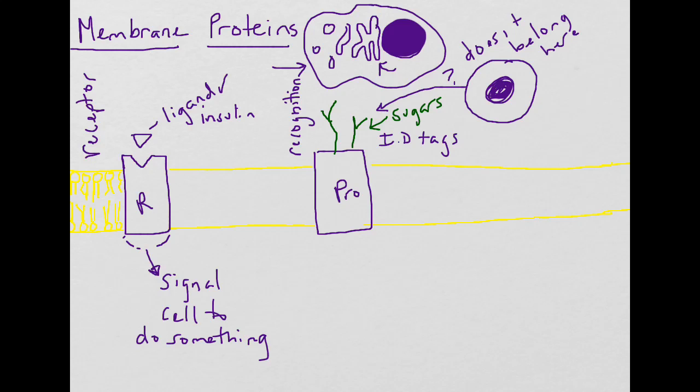Is this cell making the right stuff? It's going to make sure that it's doing the right thing and that it belongs here. And if it doesn't, it's going to take care of it and get rid of it. All right, those are recognition proteins.